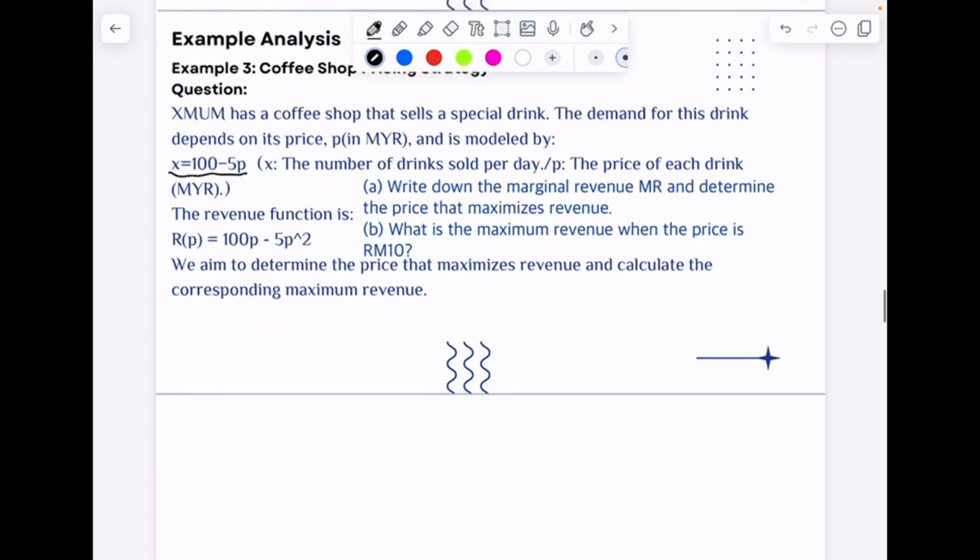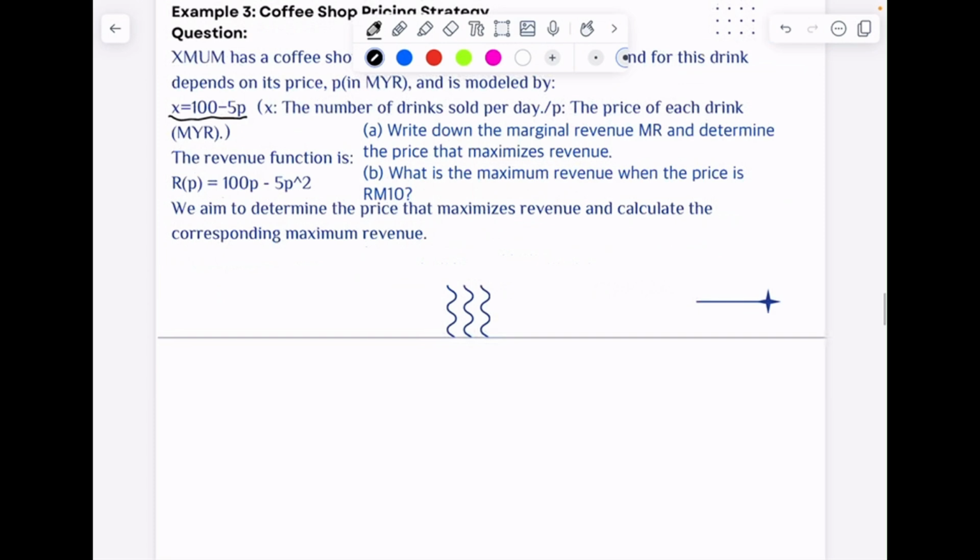We know that marginal revenue equals R'(P) and equals 100 minus 10P. If we want the max, then the MR equals 0, and we can know that P equals 10.